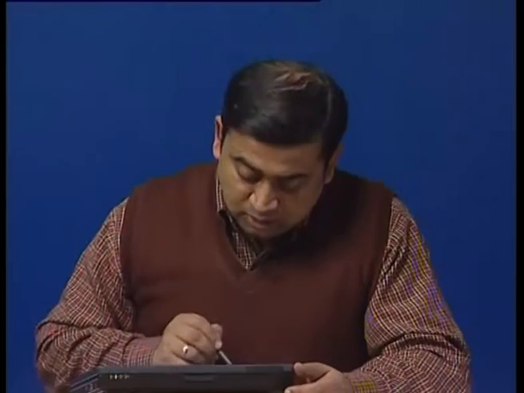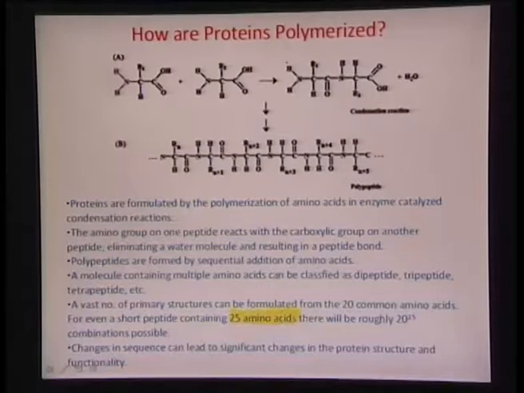So if we want to do a combinatorial, let us say we are talking about a 25 amino acid sequence, and each of these 25 places can have about 20 different amino acids. If we can repeat a sequence, then the total number of permutations is about 20 to the power 25.